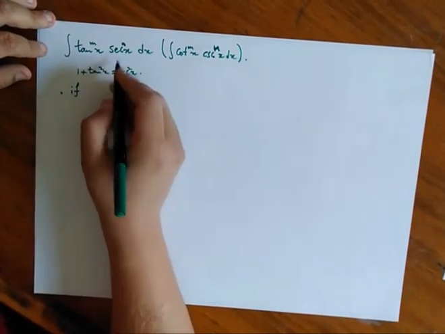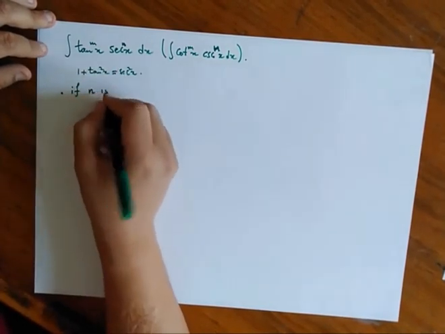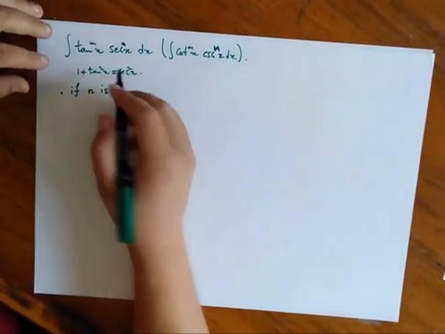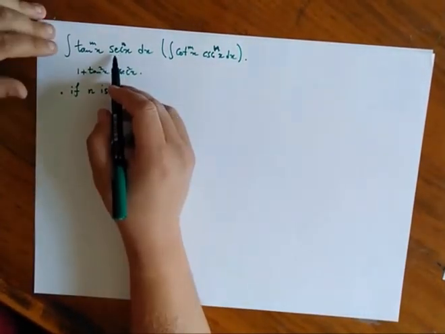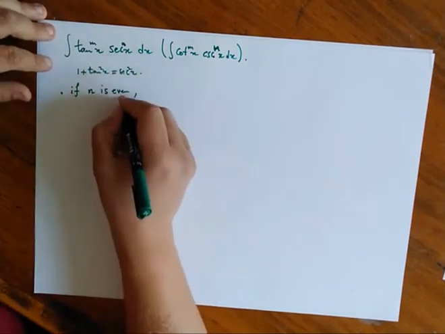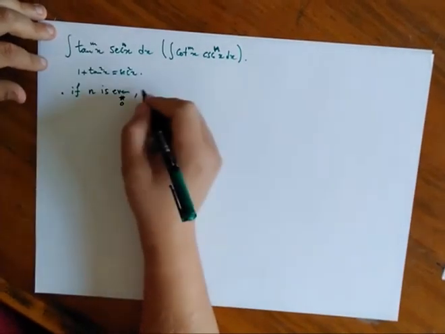If the power of the secant is even, and that includes 0, because 0 is even also, easily you are going to save a secant square.